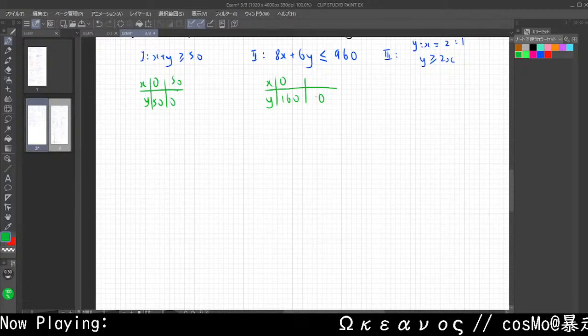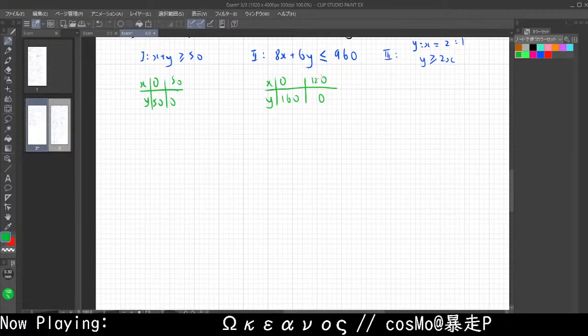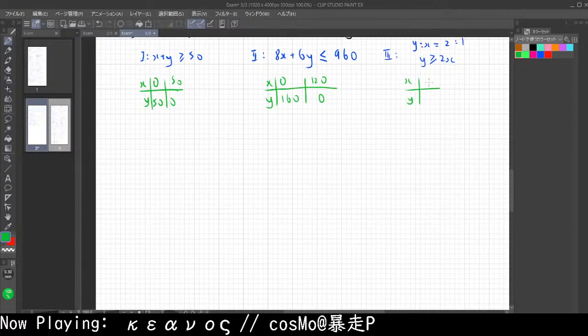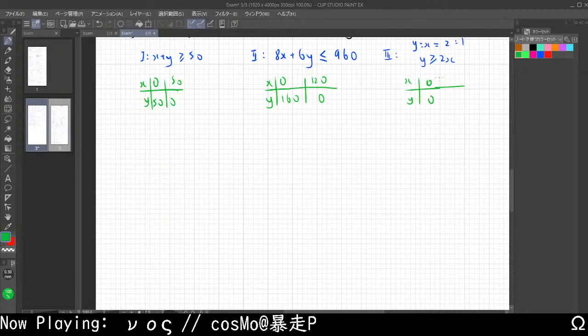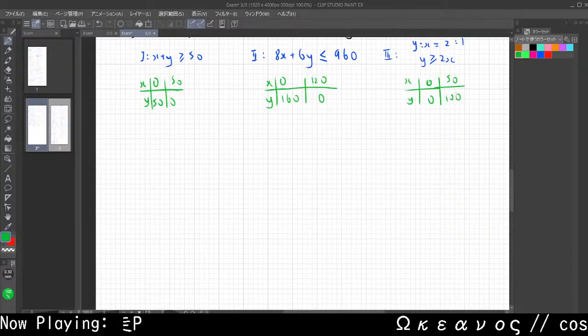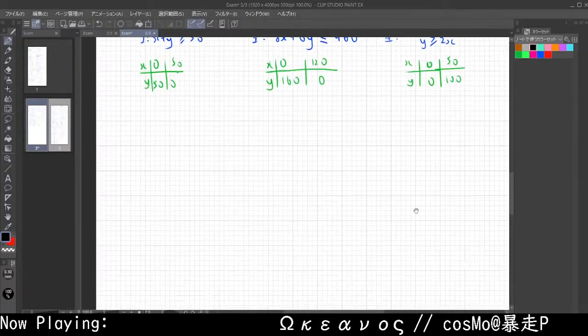When your y is 0, you bring it to the right, you will get 120. This one, x, y: when your x is 0, y is 0. When your x is let's say 50, then your y is 100. Okay, so these are the points you have. Then you just plot.